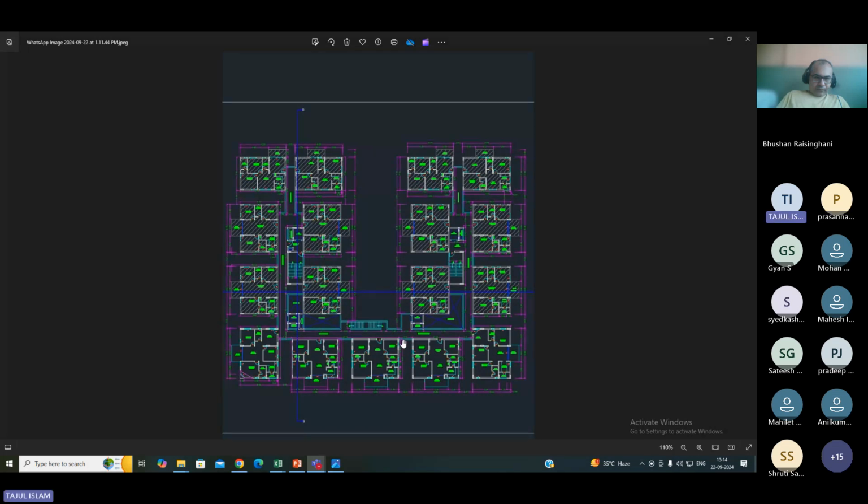Okay, at the level above the podium, these towers are individual but connected with a corridor at certain levels. Yes, at each level a corridor is there. Okay, fine. So I can see this is the corridor, right? Yes.